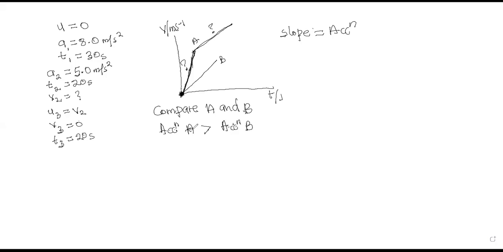And the acceleration during the second part of the journey is reduced to 5, meaning acceleration during the first part of the motion is greater than the second, so 8 meters per second squared is greater than 5 meters per second squared.